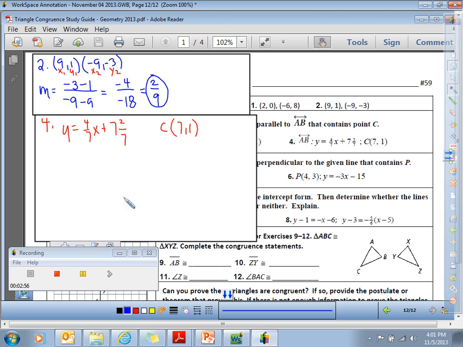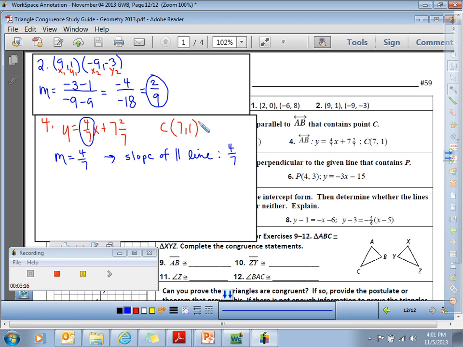So we need to find the slope of this line. It's already in slope-intercept form, so we know that the slope is here in front of the x. So the slope for this line is 4 over 7, and the slope of the parallel line is also going to be 4 over 7.